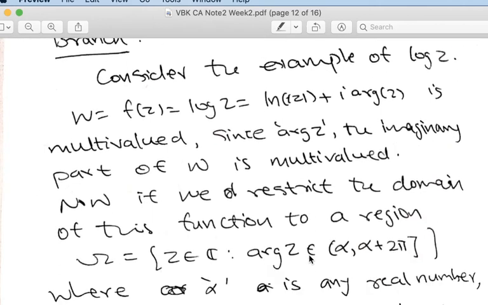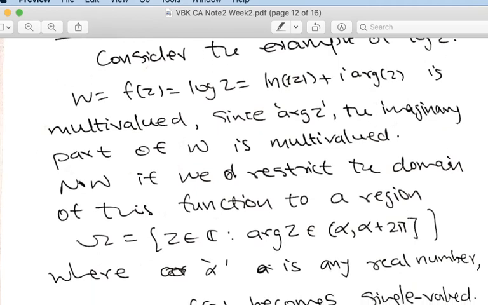Now let us consider the branch. For example, you consider the function log z. In that case, this argument part creates a problem. Then what we do, in the plane we remove a line, say with the argument alpha. So we choose only z with argument lying between alpha and alpha plus 2 pi.